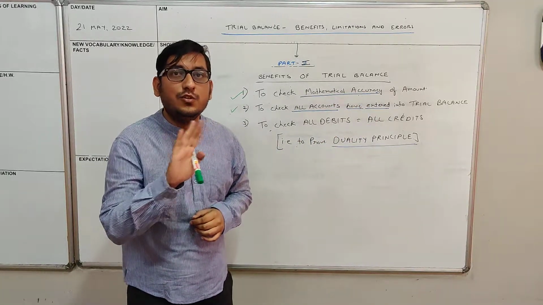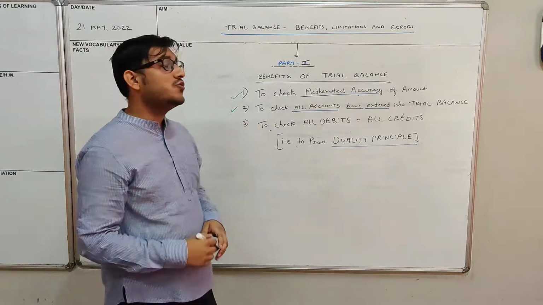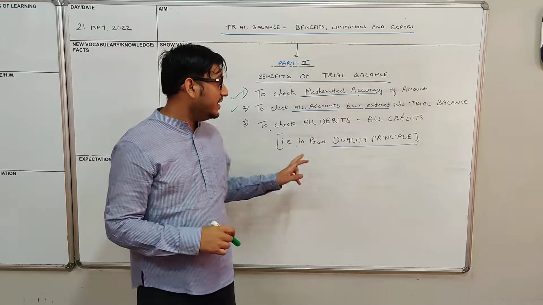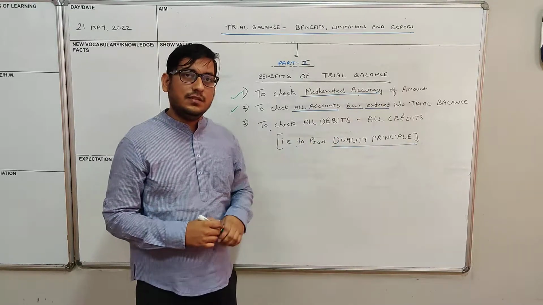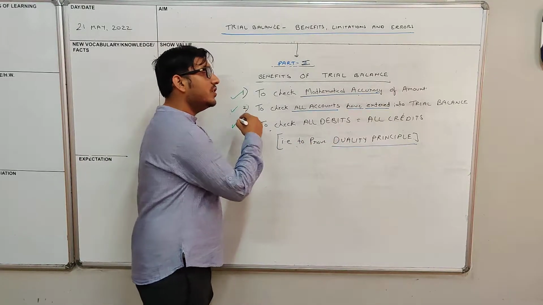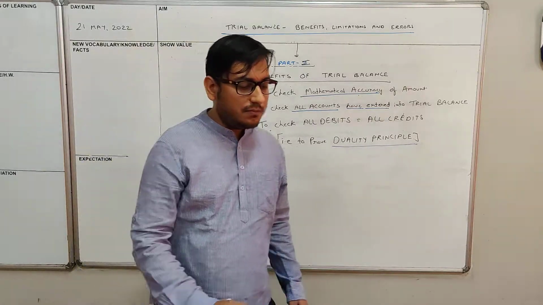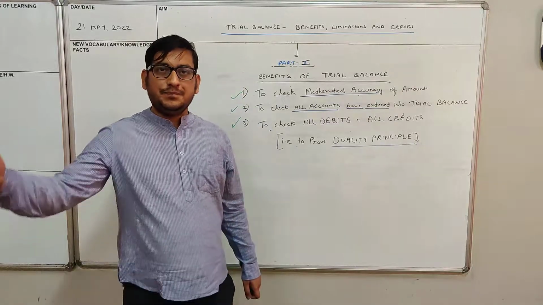Then third is to check whether all debits are equal to all credits or not. That is to prove the duality principle. Students, please write this down in your notebook and you can also see this on page number 66 of your book.